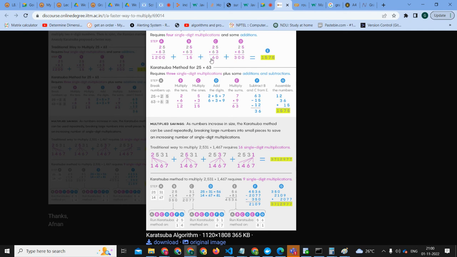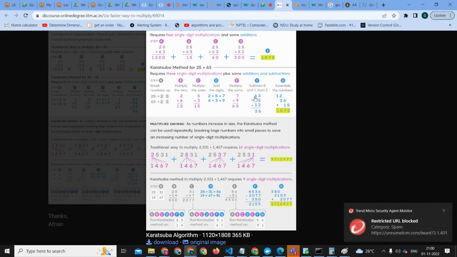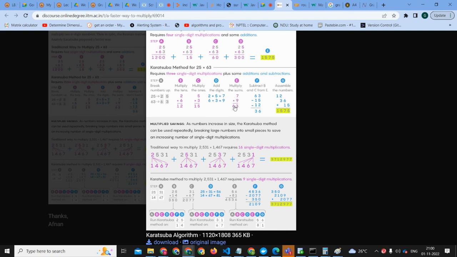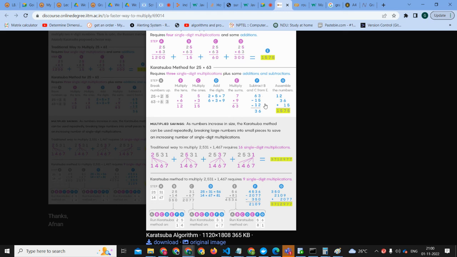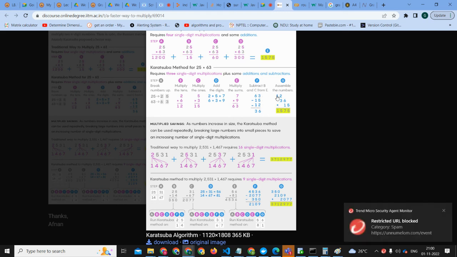Instead of doing that, we sum the digits, and after summing, we multiply, and then we subtract out the others. If you write it in formula form, that is (A plus B) into (C plus D). Once we get that expanded form, we subtract out the other two parts which we have already calculated.